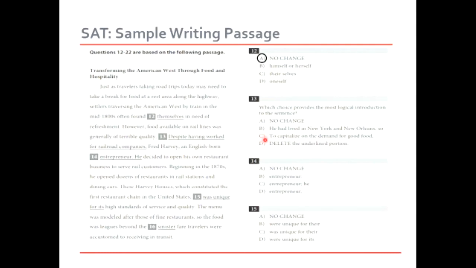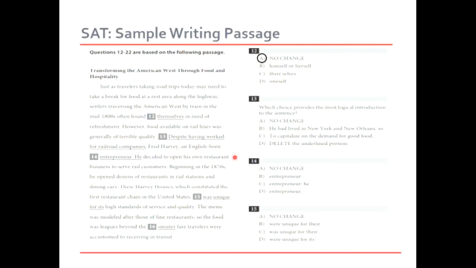So the right option in that case is going to be option C, to capitalize on the demand for good food. This is going to be the right choice. Option B has nothing to do with the topic and the previous sentence. So in order to make sure that there's a flow in the paragraph, a flow in these sentences, we need to introduce option C's sentence so that it makes sense.